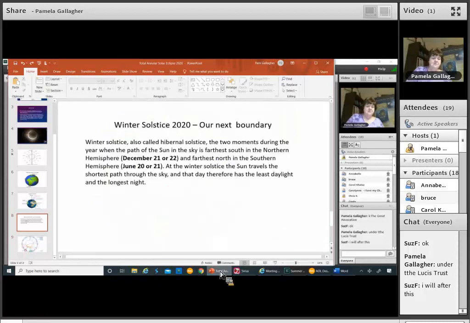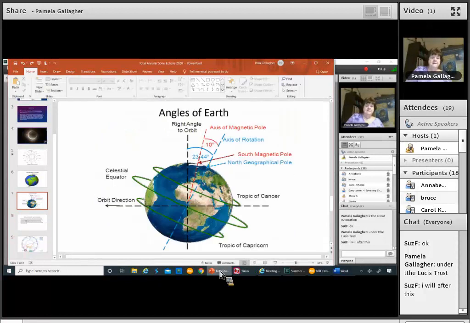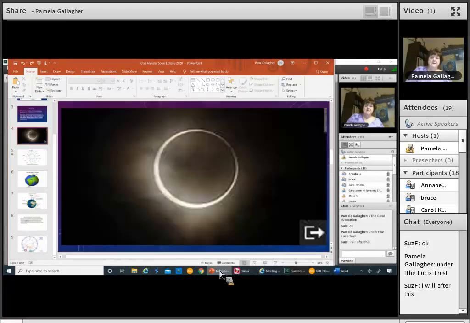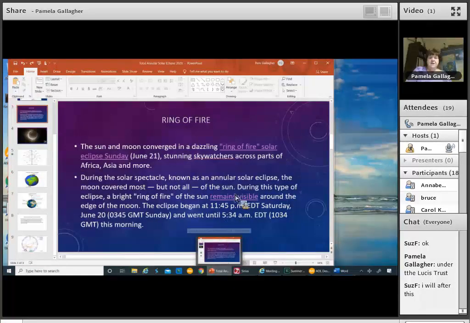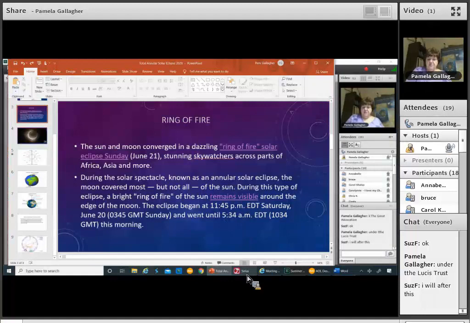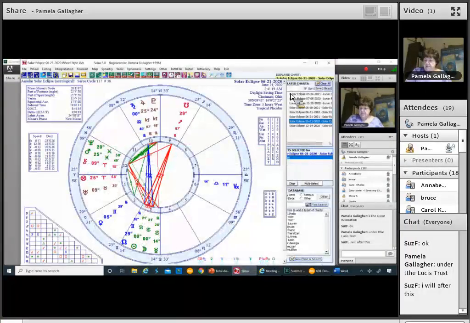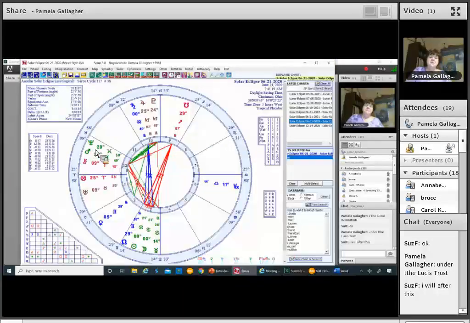Oh, there you go. Today is the Ring of Fire, and we know that. Now we can minimize this and go back to current time and talk for a minute about where the planets are.